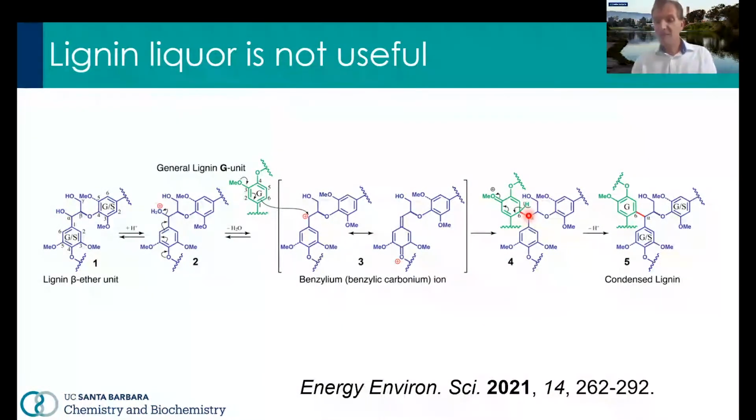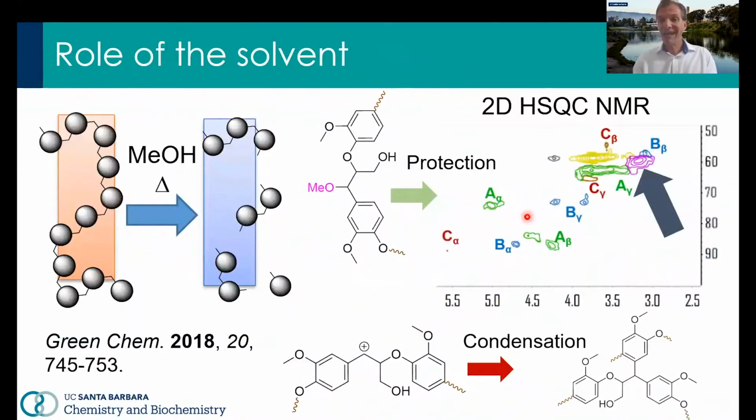And what happens in the catalytic fractionation of lignin is we use alcohol, such as methanol, for example, as a solvent. And that solvent plays a very critical role.